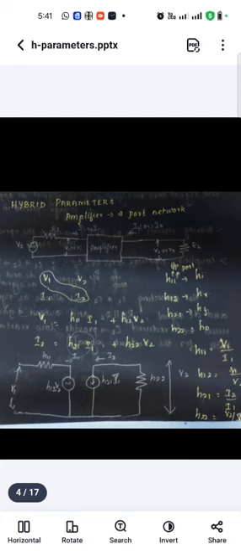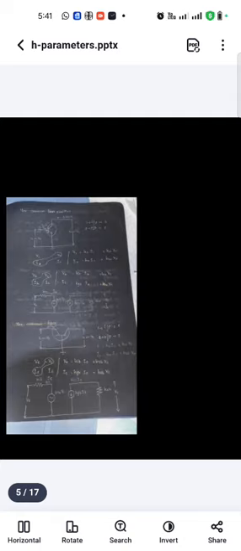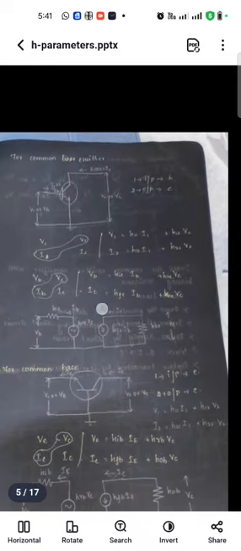Similarly, using this model we can apply the common base, common emitter and common collector configurations. Now the common emitter configuration. What is that? First draw the symbol of the common emitter.